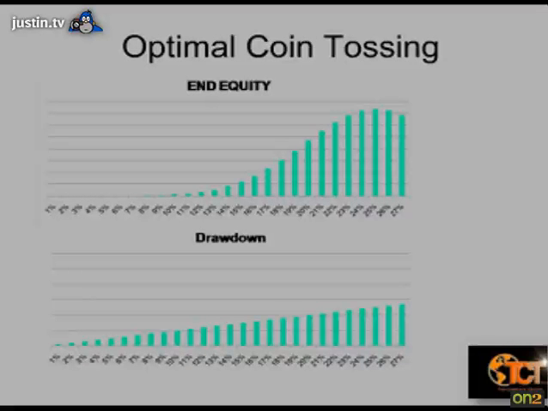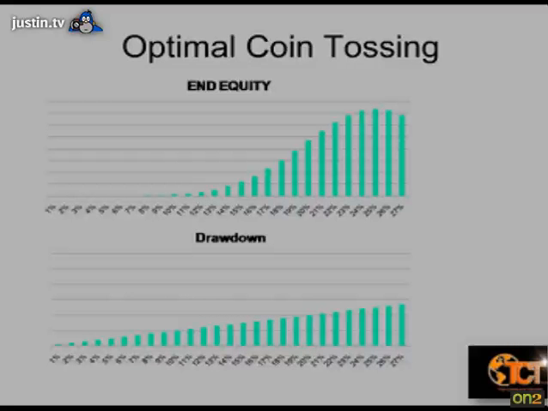This is another way of looking at it. Across the top we've got a graph that simply shows if you risk 1%, 2%, all the way through to 27% for this coin tossing game, you can expect that your end equity will be shaped like that.